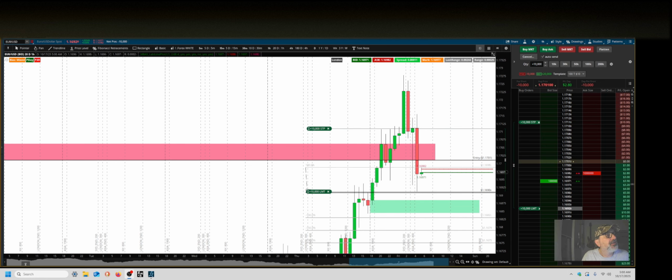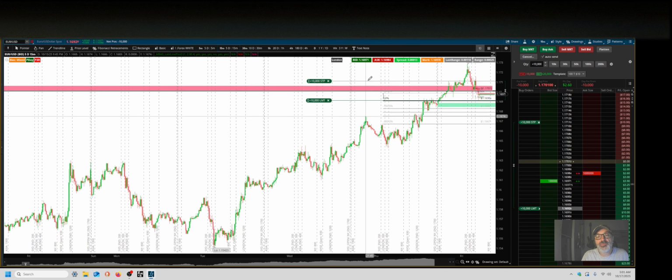So we have the next candle. I'm on a 1 hour chart. It's 5 o'clock in the morning. Go to a 15-minute chart. This is what it looks like.